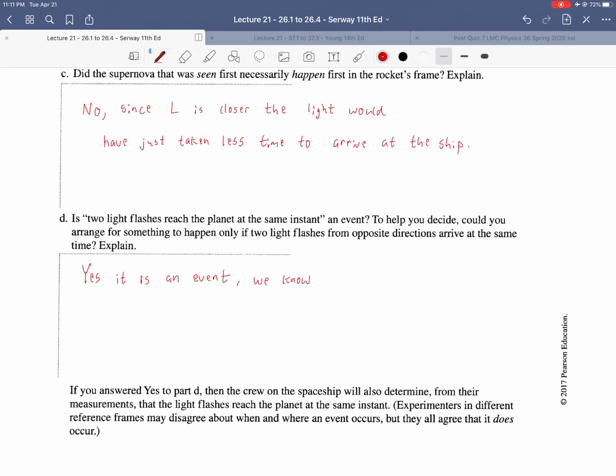And we know because a device could be built that would only trigger if two light sources were received simultaneously.